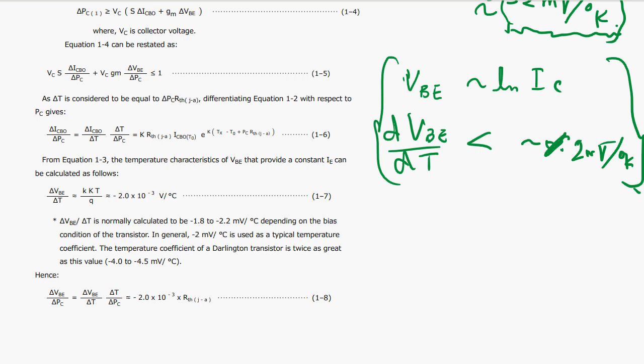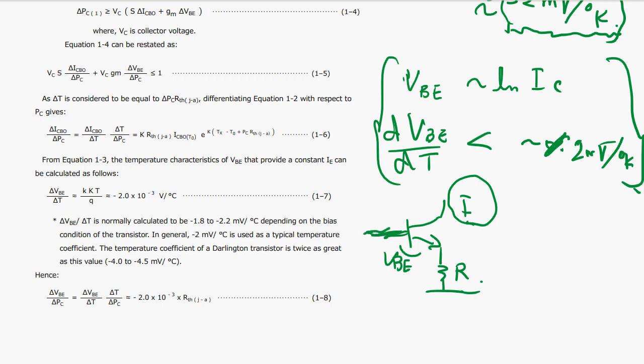These are what we need to use as parameters to design the very basic constant voltage. And once we get the constant voltage, we can design a constant current. This is the VBE, and this is R. If this is a constant voltage, meaning constant against VCC and temperature, this I is constant against VCC but not temperature, because VBE changes here.